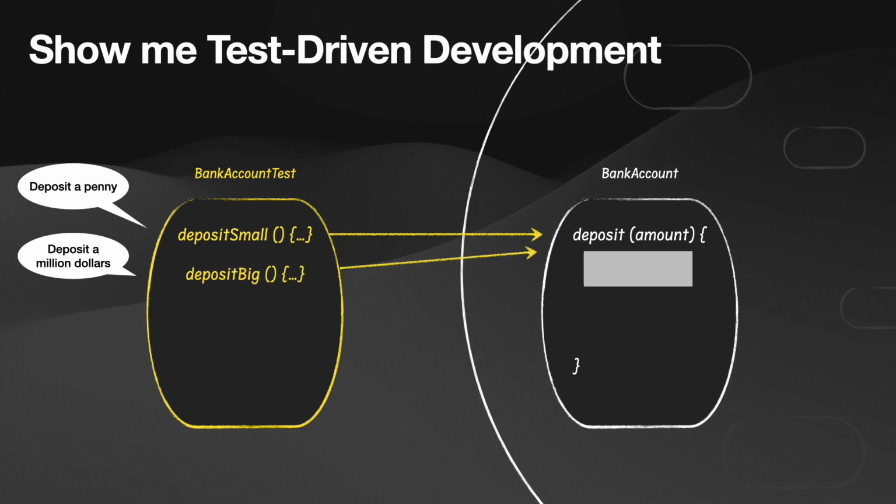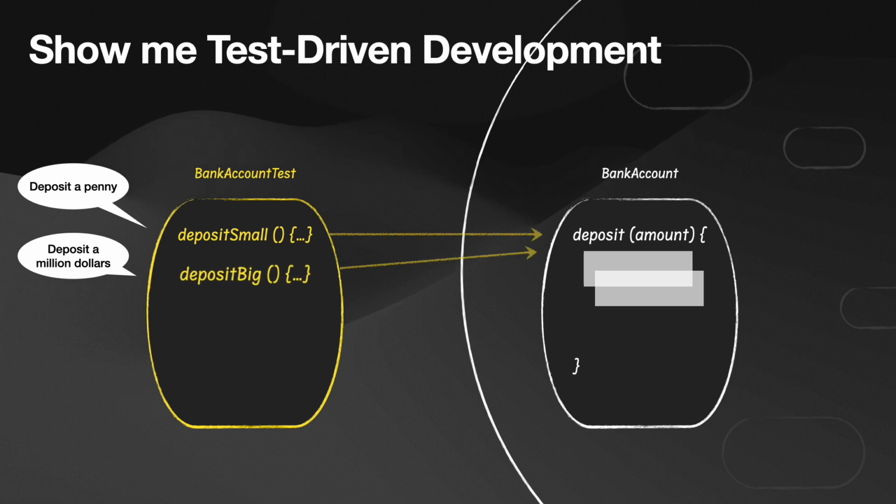We run the deposit big unit test and see it fail. Maybe because the variable we use to hold the dollar amount does not support such big numbers. So we now need to refine our implementation to support holding larger numbers. We write just enough code to make the deposit big unit test pass. We then rerun both of our unit tests.